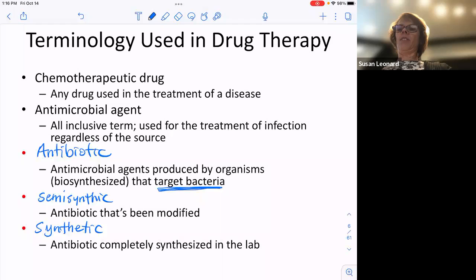We have a couple of examples of synthetic drugs that I'm going to talk about. This differs from your lab manual, which says it's not a true antibiotic if it hasn't been biosynthesized. It depends where you get your definitions from, but I would consider any drug that only targeted bacteria an antibiotic, whether it's the natural product or synthetic.